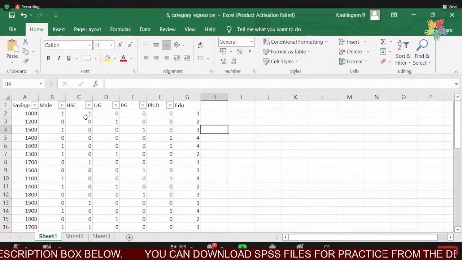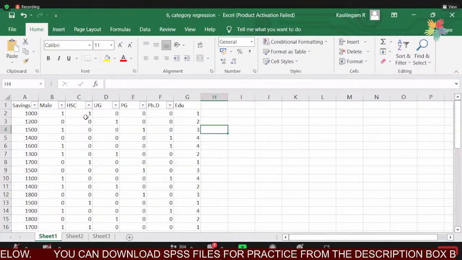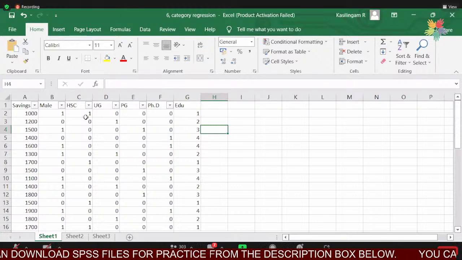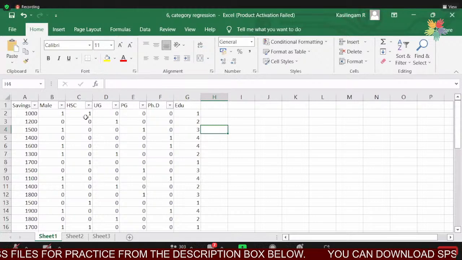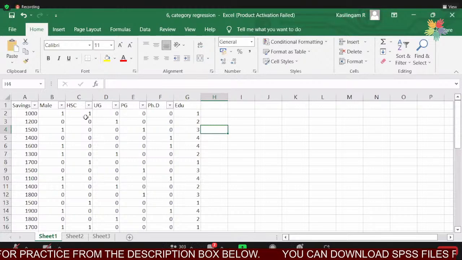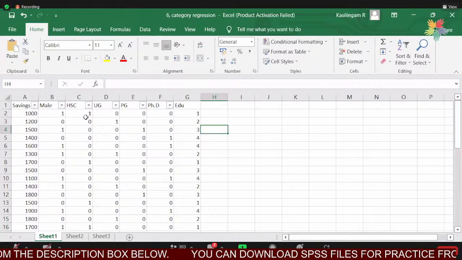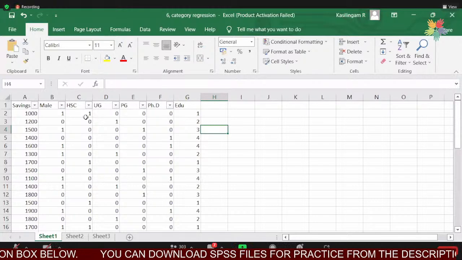We will take PhD as the reference category, whoever has 4. That is why n minus 1, only 3 dummies. The fourth one is the reference. Why are we creating n minus 1? Because we are going to consider one as a reference category.